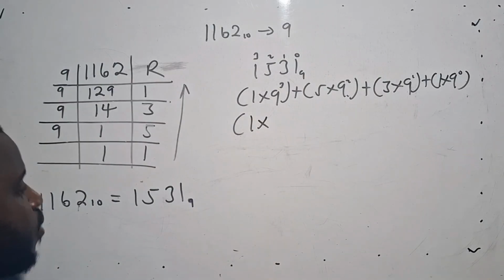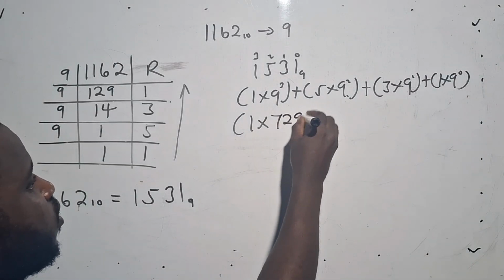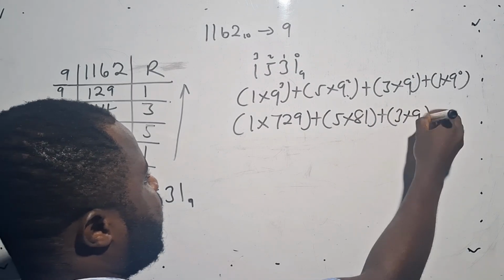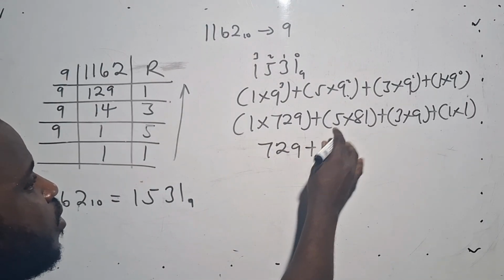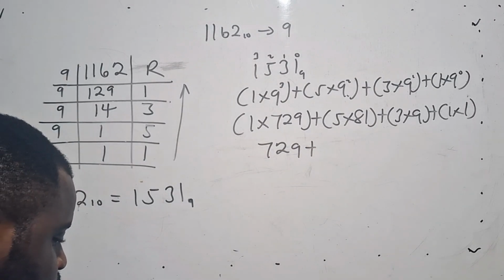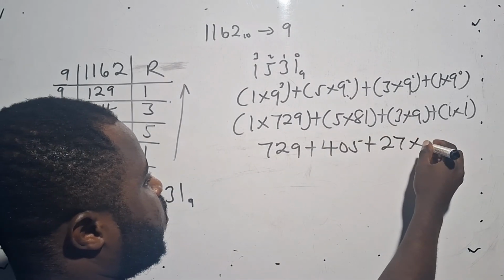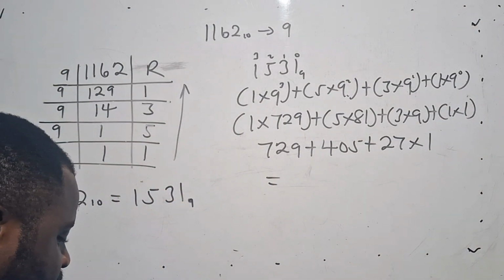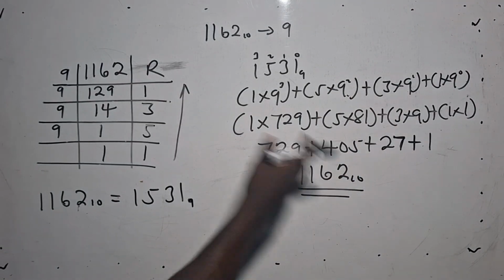So 1 times 9 raised to the power 3, 9 times 9 times 9, will give me 729, plus 5 times 81, which will give me 405, plus 3 times 9, which is 27, plus 1 times 1, which is 1. Now 729 plus 405 plus 27 plus 1 gives 1162, the inverse of this one.